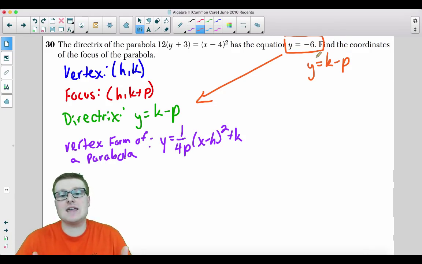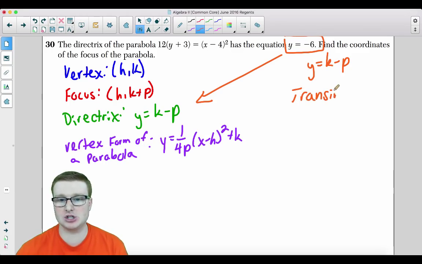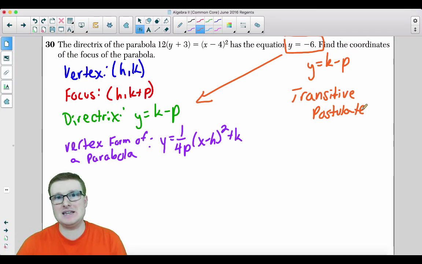Or we could say that k minus p equals negative 6, because if y equals negative 6, then y equals k minus p. This is known as, remember in geometry and algebra, the transitive postulate. If A equals B and B equals C, then A must equal C. Same thing going on right here.